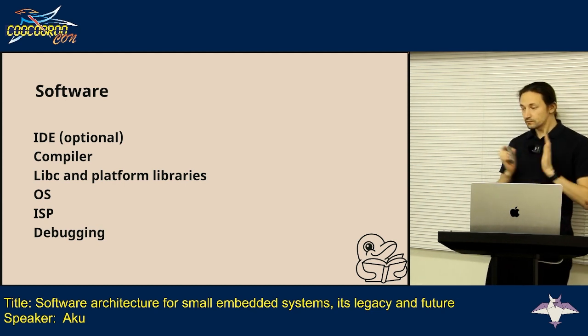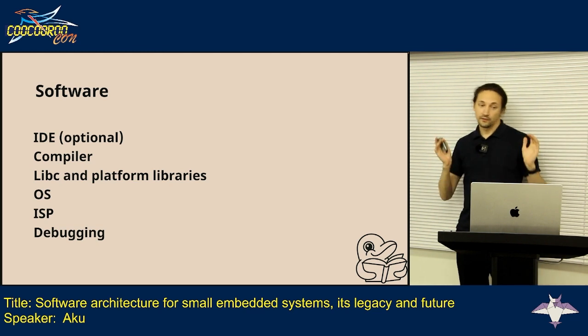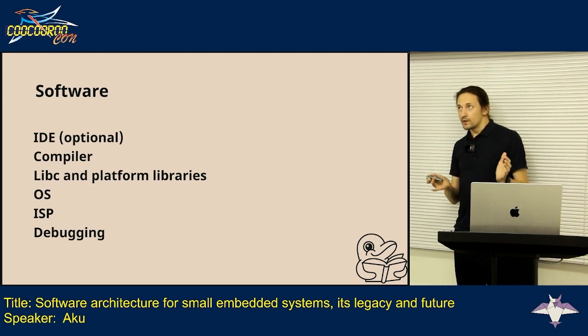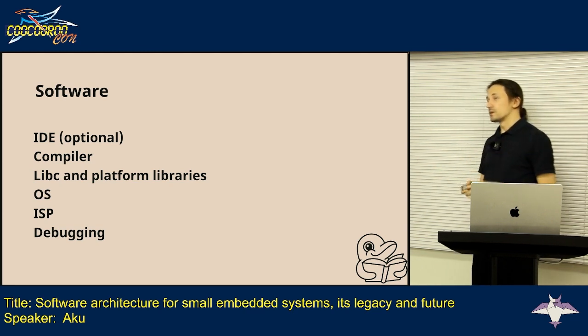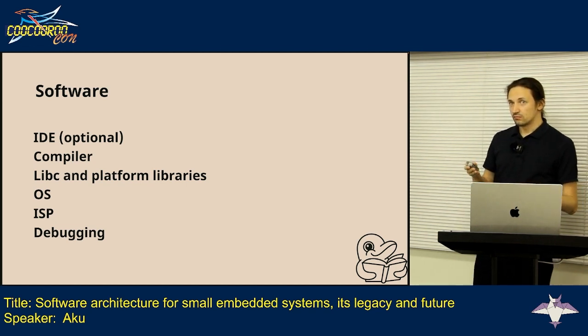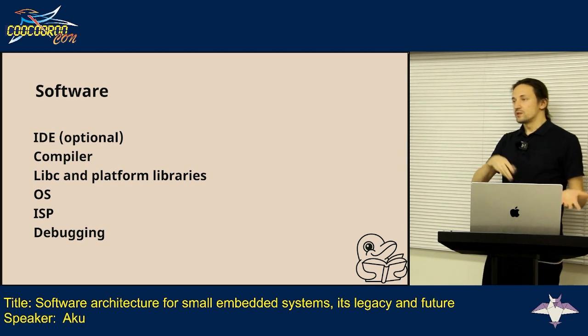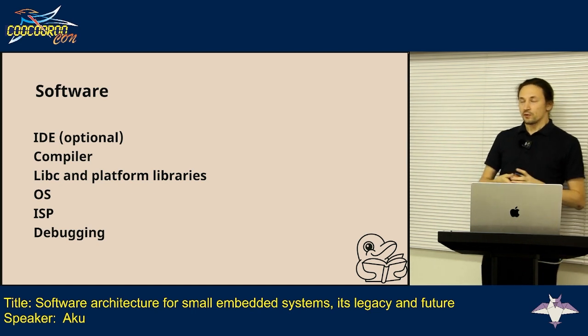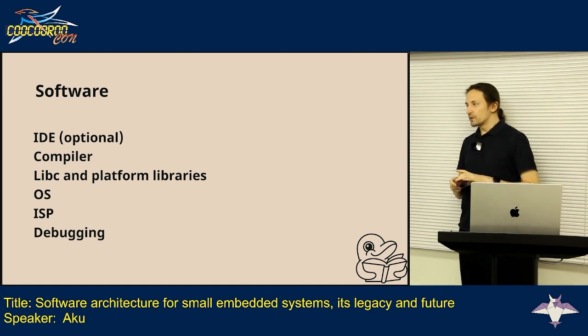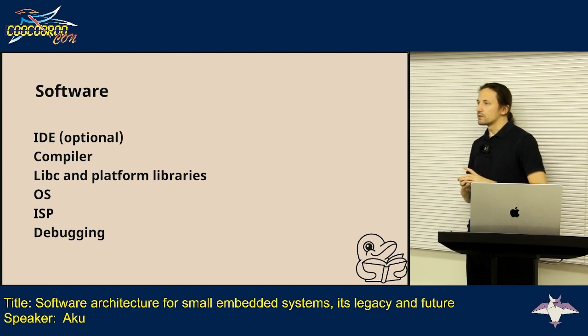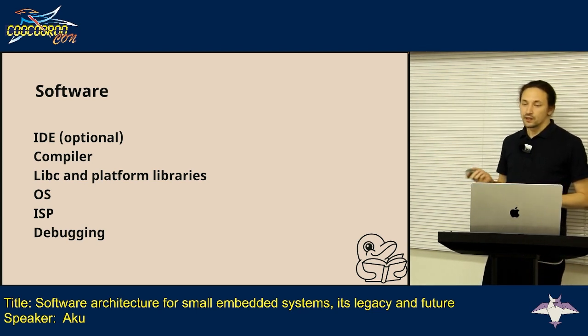And after the IDE, we usually have a compiler. Some compilers like Clang or GCC have different ports for big MCUs and small MCUs. Some of them were forked and got a special version, like the one for the AVR architecture.